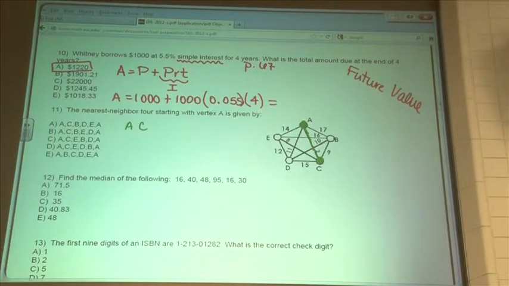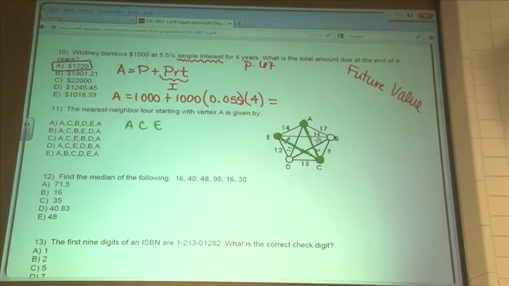Find the nearest neighbor from C. You've got a 9 going towards B. You've got an 8 going back towards vertex E, and a 15 going back to B. You should go to E. Okay.